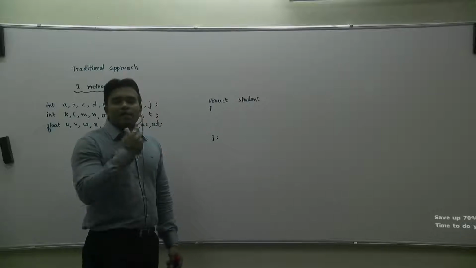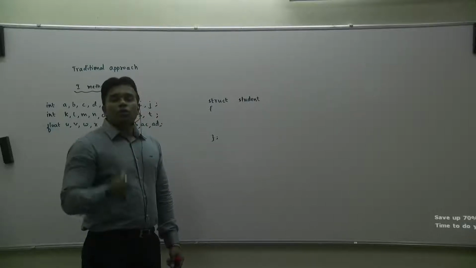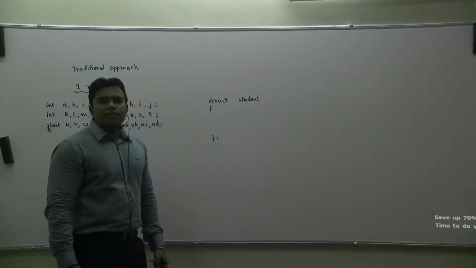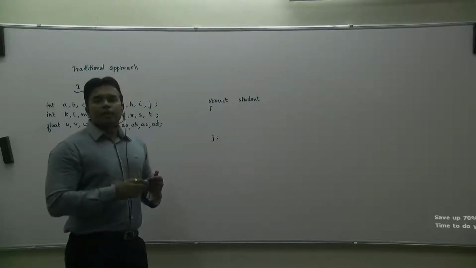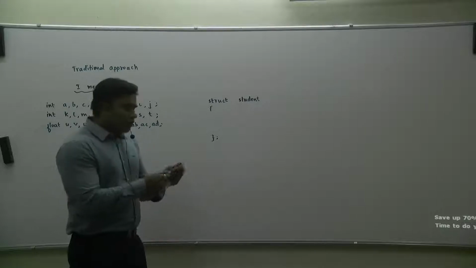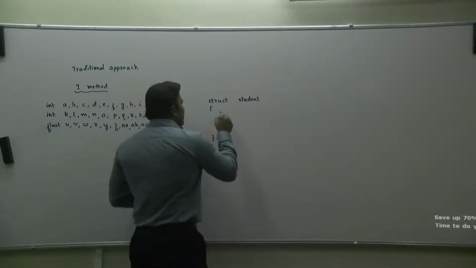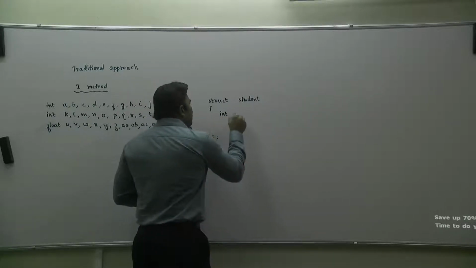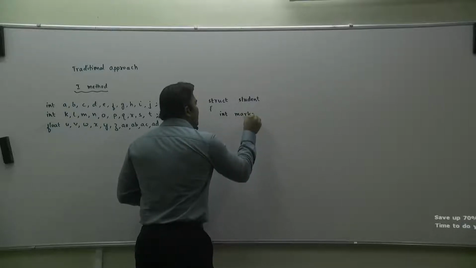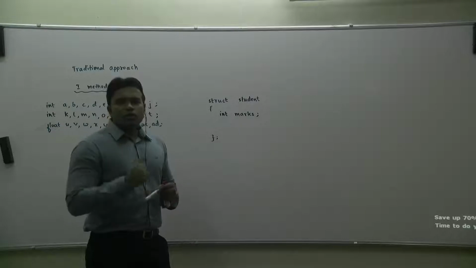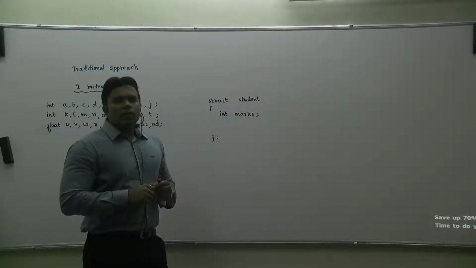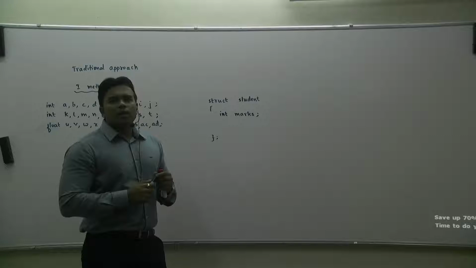And then he asked, what is it that you want to store about the students? We told, we want to store first the marks of the students. So he told, oh, you want to store the marks? Then he declared it inside, int marks. Then he asked, what else do you want to store? People told, we wanted to store the age.